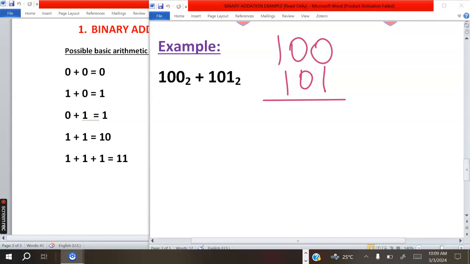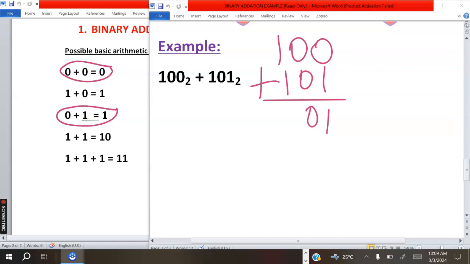Okay, if you look at some of the basic arithmetic addition that we have, 1 plus 0 is definitely 1. While 0 plus 0 is equal to 0.